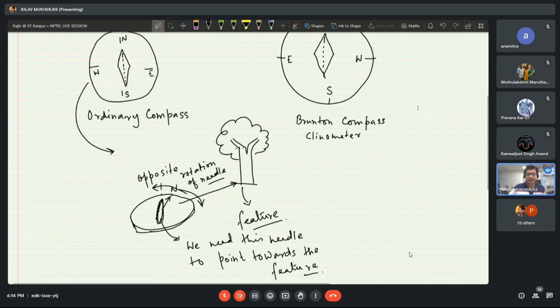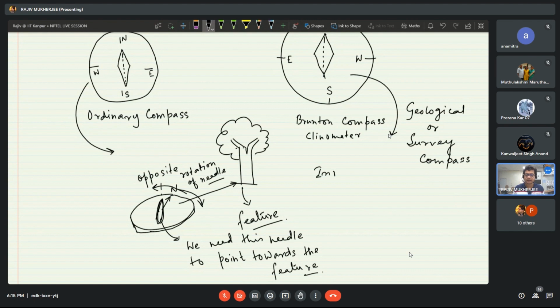So specifically, just because we need to target this feature in Brunton compass or clinometer compass or any geological or survey compass, they will have this inverted east west direction.